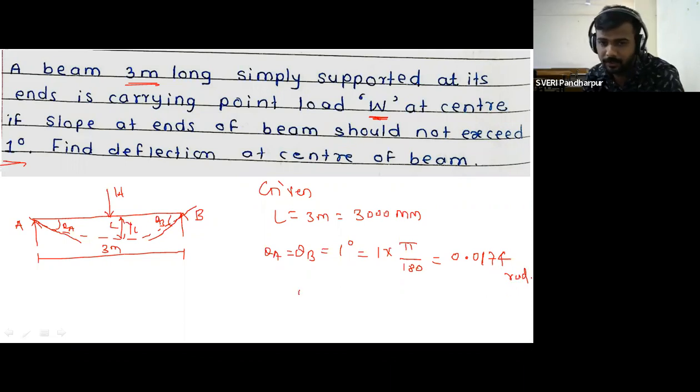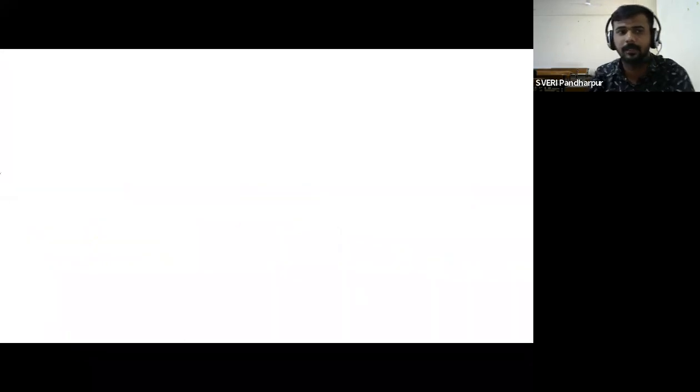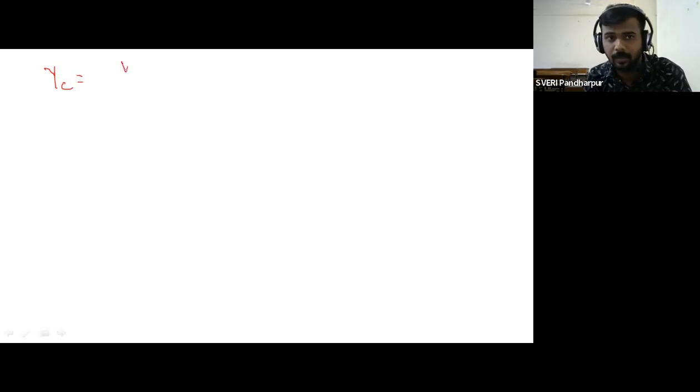And they have asked to find out YC. So this is also again under the standard case, simply supported with point load. What is the formula? WL cube upon, what is the theta formula?